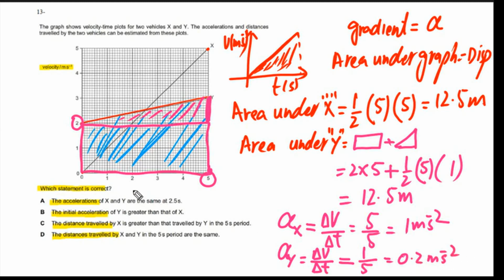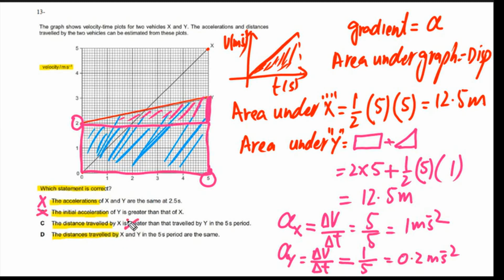Now if you look at these options, acceleration of X and Y are the same. That is not true. Initial acceleration of Y is greater, but we can see here Y is smaller, so this is wrong. Distance traveled by X is greater?